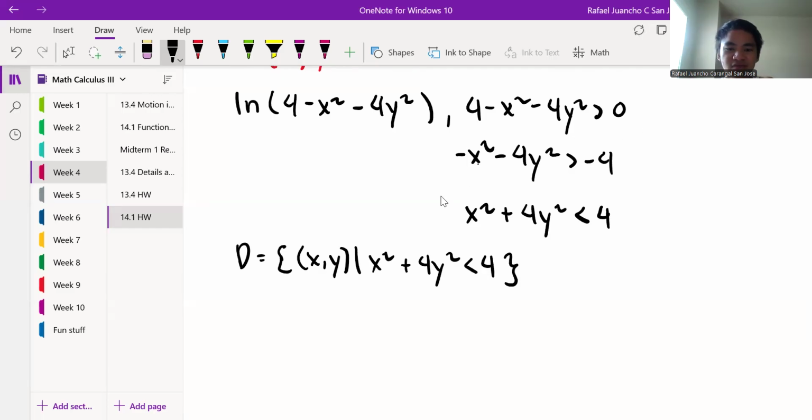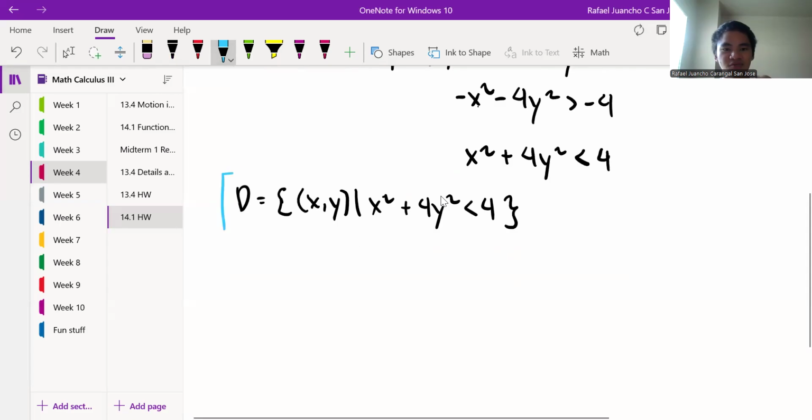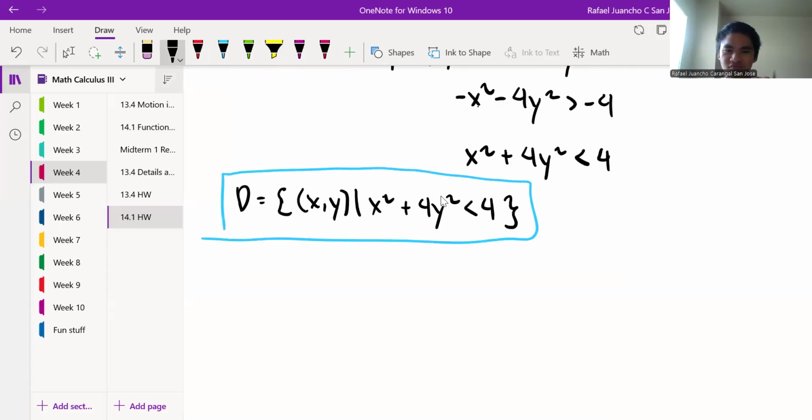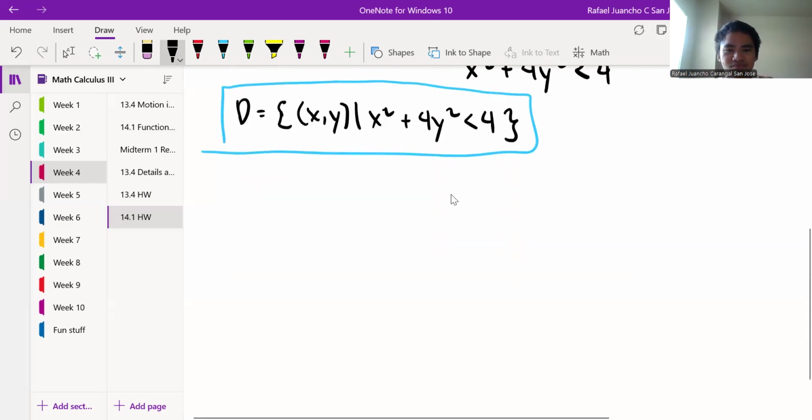That's the only rule I have. Okay, that's the formal way of writing it, or at least from the textbook.